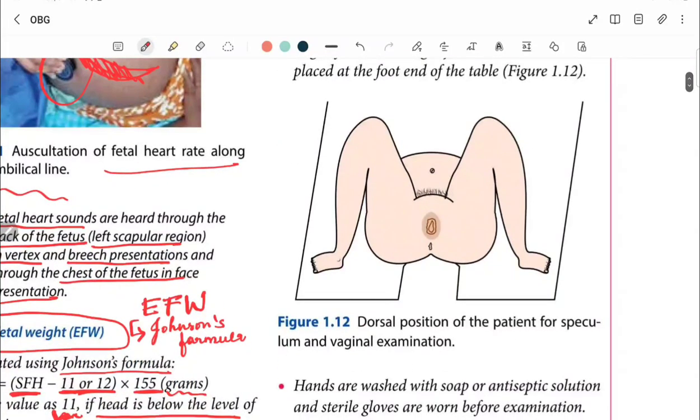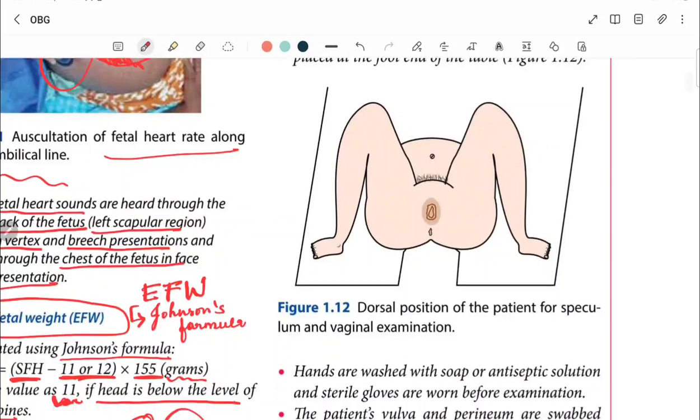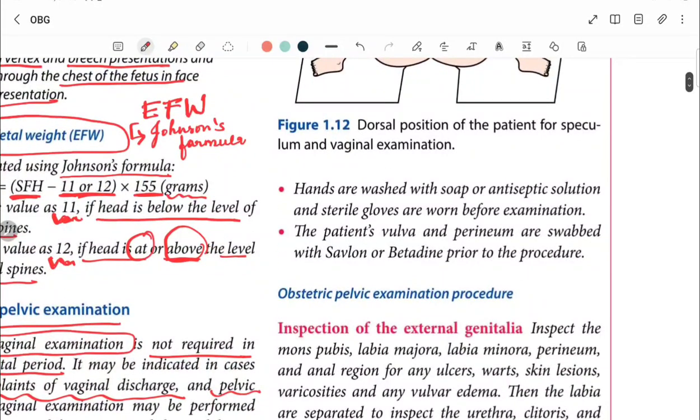So this is the dorsal position of the patient for speculum and vaginal examination. Hands are washed with soap or antiseptic solution and sterile gloves are worn before examination. The patient's vulva and perineum are swabbed with Savlon or betadine prior to the procedure.